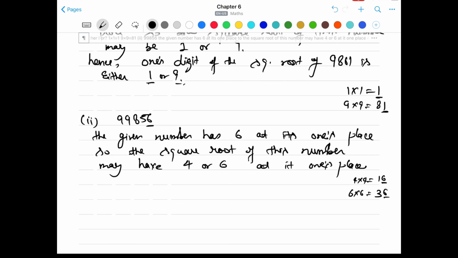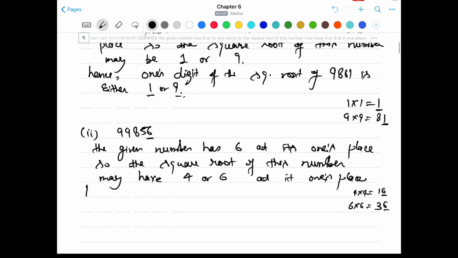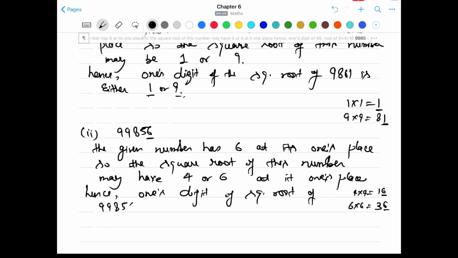So we'll write, hence the ones digit of the square root of the number 99856 is either 4 or 6.